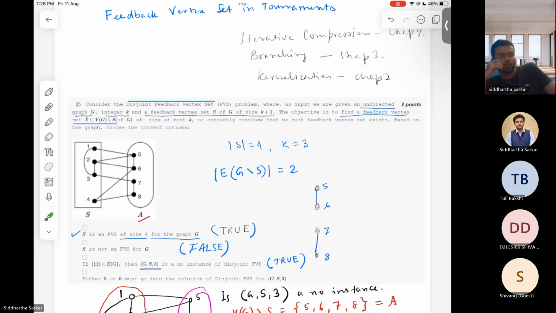So whatever you delete from G minus S, you won't be able to get rid of at least one cycle. Is that the case?